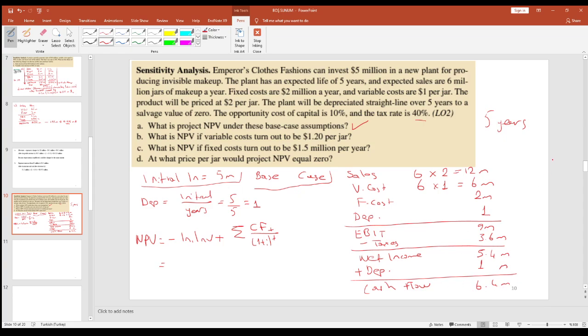So this is the cash flow for the next 5 years. Initial investment was 5 million. And now let me plug the figures here. Which means you need to discount the cash flow by a factor of 1 plus 10%.